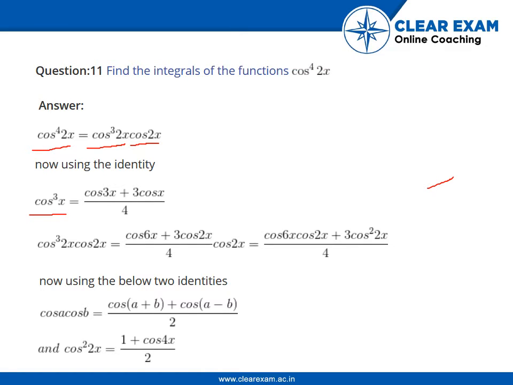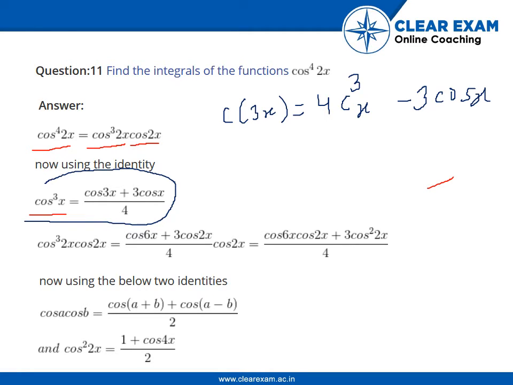So our identity is cos of 3x is equal to 4 cos cube x minus 3 cos x. We just shift the terms to their proper sides and we get our simplified identity, the value of cos cube x as cos 3x plus 3 cos x upon 4.